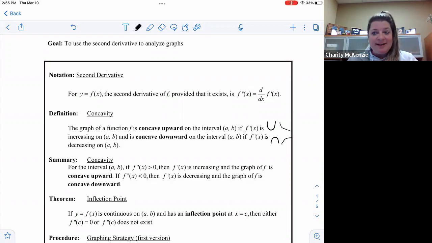So we can pretty much graph something without a graphing calculator from all the information that we've learned. So we can look at the original and we can tell a bunch of different stuff about the original, like domain, range, all sorts of asymptotes. We can look at the slope of a line.